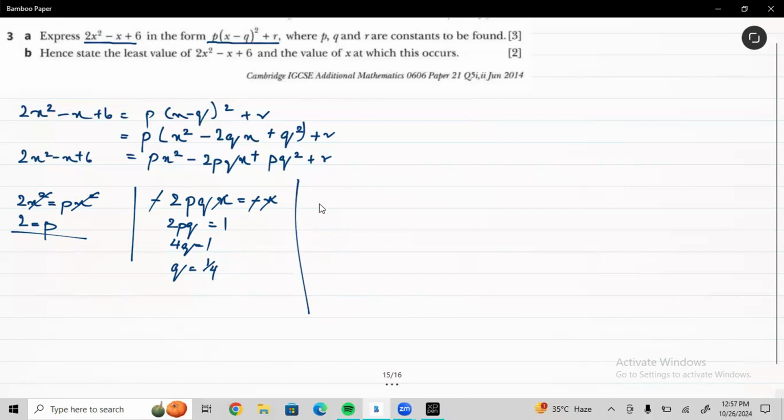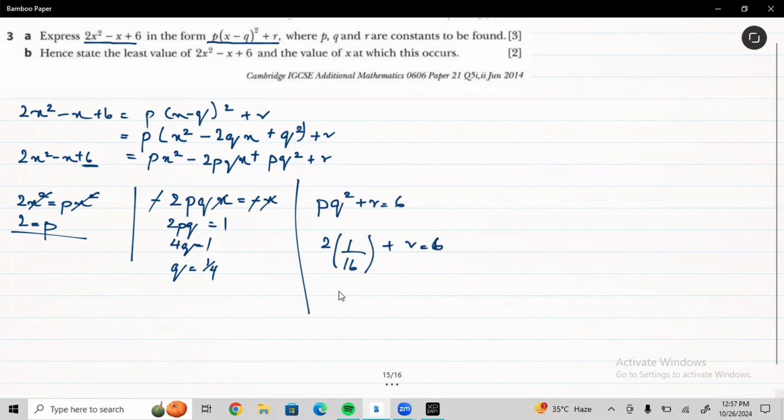And for the constant r, we are going to say pq squared plus r is equal to 6, as that's the constant here. We already knew the values of p and q. So p is 2 multiplied by 1 upon 4 squared, and 4 squared is 16. So it's going to be 2 upon 16 plus r is equal to 6.